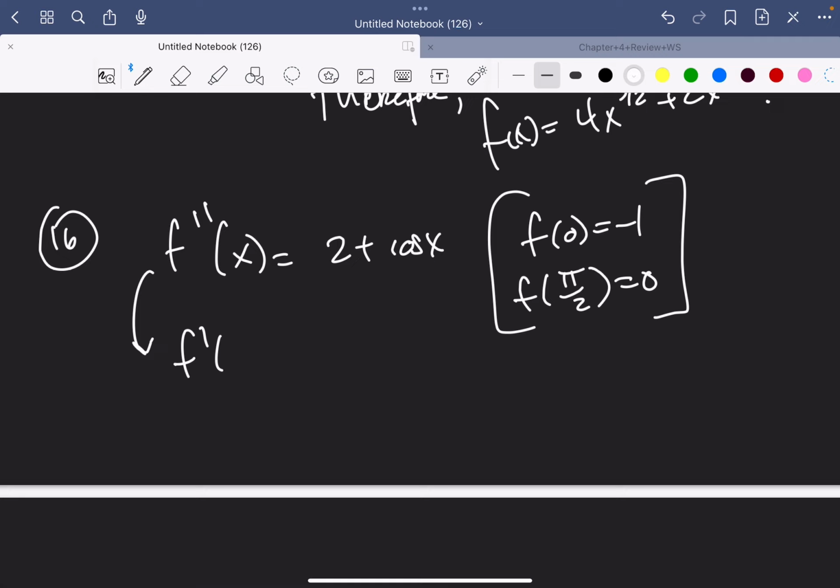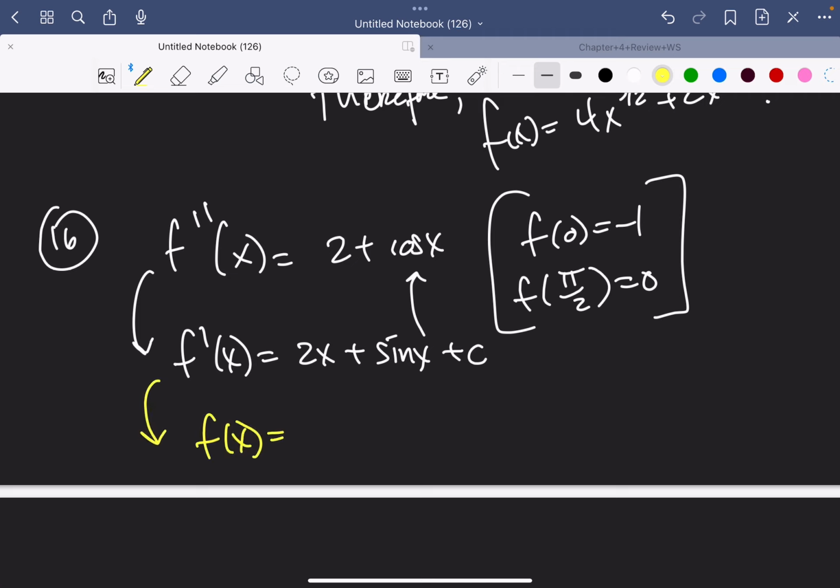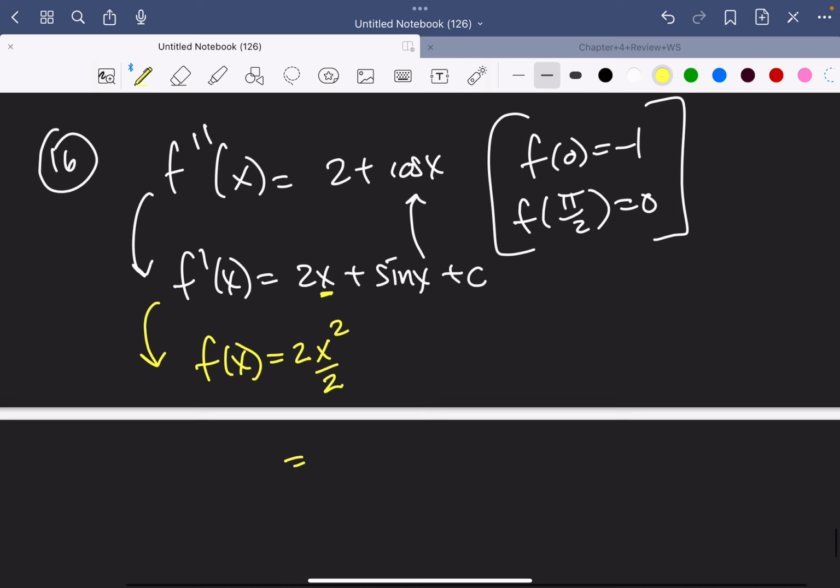So I take one antiderivative, I get 2x plus, well, what do you take the derivative of to get cosine? And your answer is sine. And then we take one more antiderivative back to f, and I pull out the 2. The antiderivative of x is x squared over 2. Those cancel out to give me x squared. Then what do I take the derivative of to get sine?